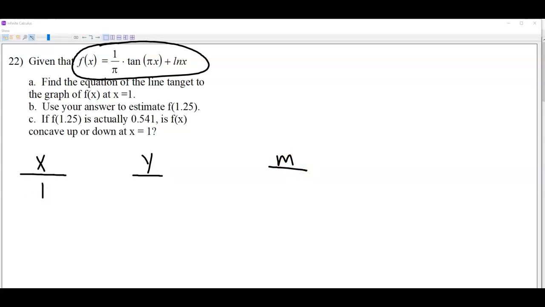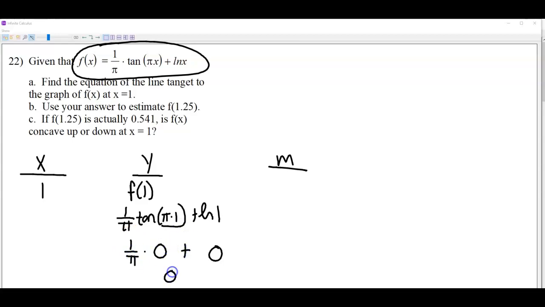To find the y value, we need to plug 1 into the original function, which is going to be 1 over pi tangent of pi times 1 plus ln of 1. ln of 1 is 0. This is just going to be pi in here, so tangent of pi is also 0. And so we have 0 plus 0, which is 0. So my y value is 0.